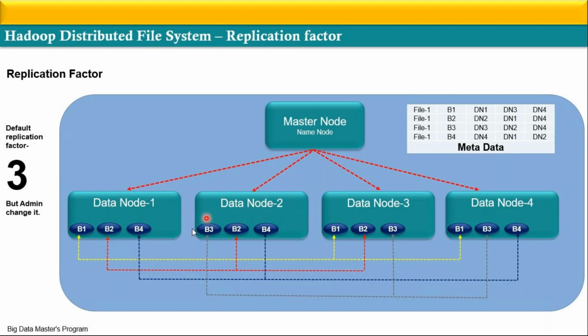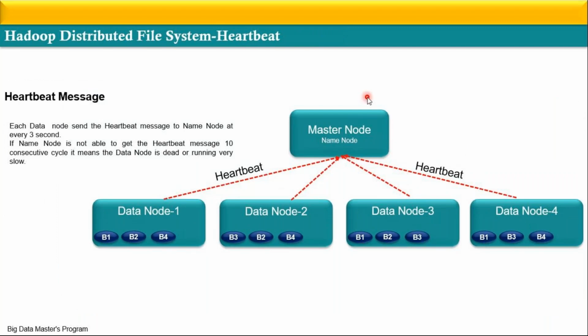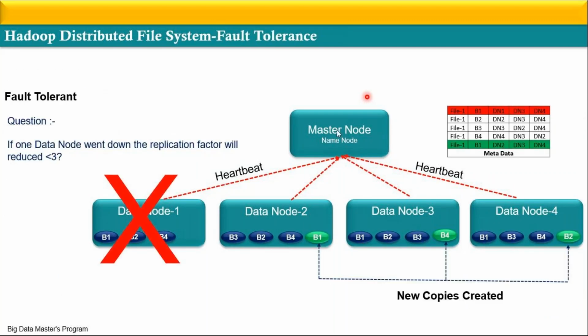Okay, that is fine, we are able to recover the data, and respectively the metadata is maintained. Now there is one issue. If this particular data node 1 is down, then what will happen to the blocks which were given to this particular data node?